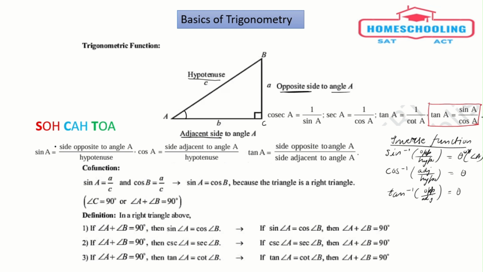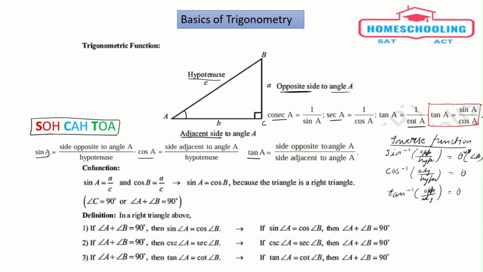So we have six types of trigonometric functions: sine, cos, tan, and cosec, sec, and cot. To remember the formulas of these trigonometric functions, you have to remember this. So, sine A. S stands for sine, and we can take this angle or any angle.